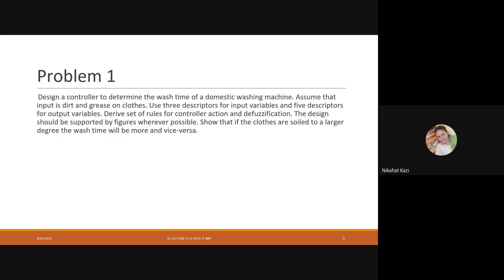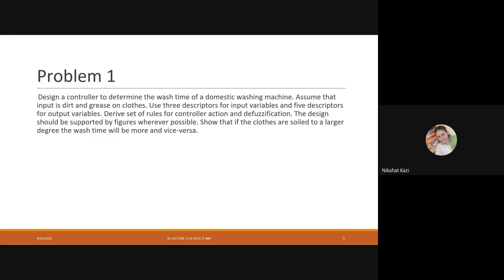The problem is that you have to design a controller to determine the wash time of a domestic washing machine, and the inputs given to you are dirt and grease. 2 inputs are given, dirt and grease, and they have mentioned that you need to use 3 descriptors for the input variables and 5 descriptors for the output variables.